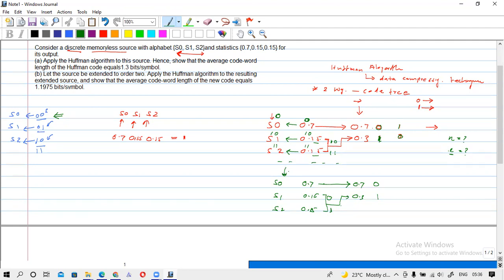Anyway, in your theory class, what is the procedure you are taught? This one, assigning the bits, or using the code tree? The second one? Okay, then we will use the second one.